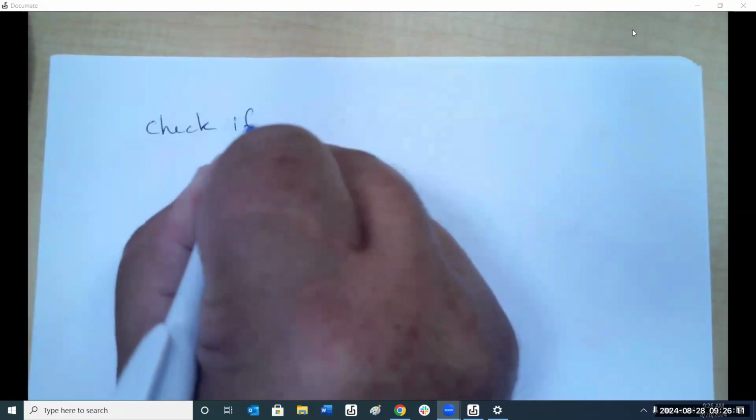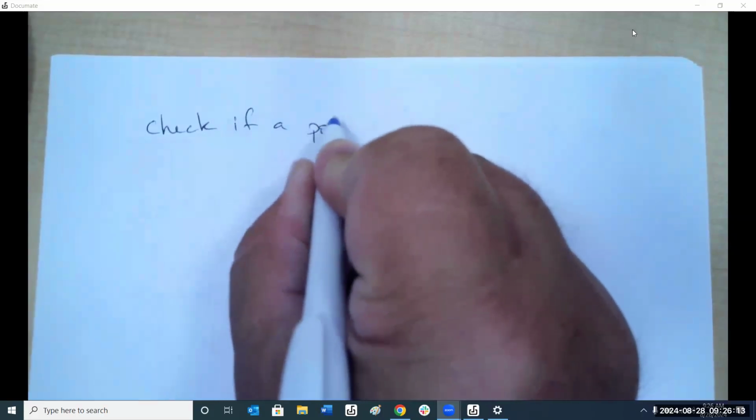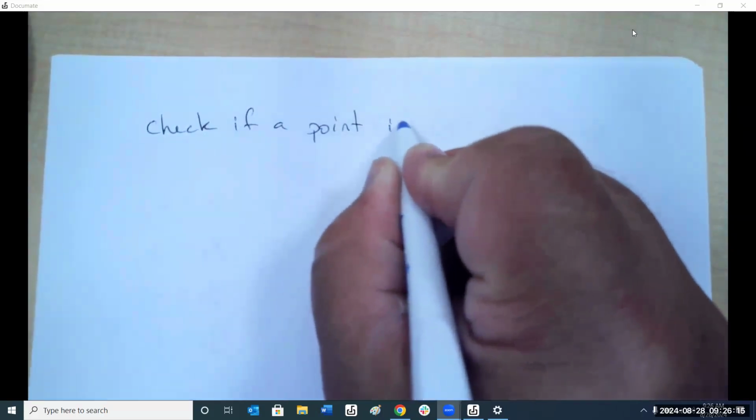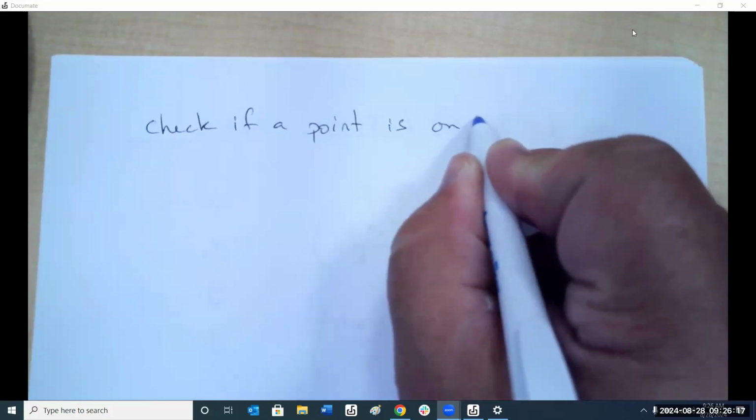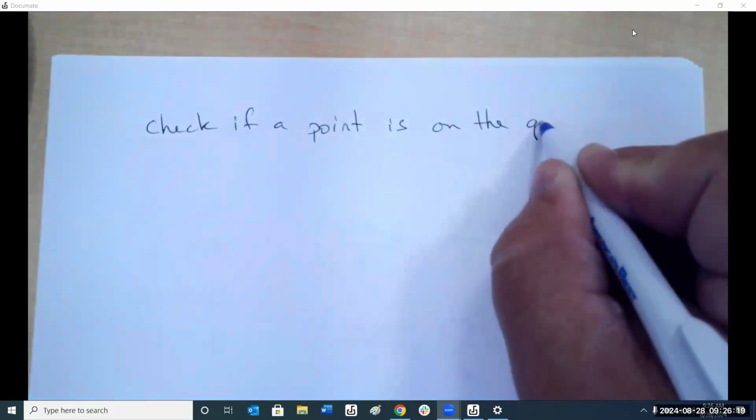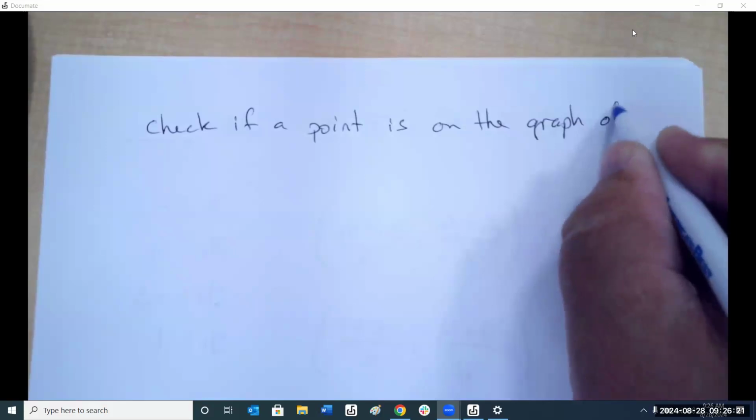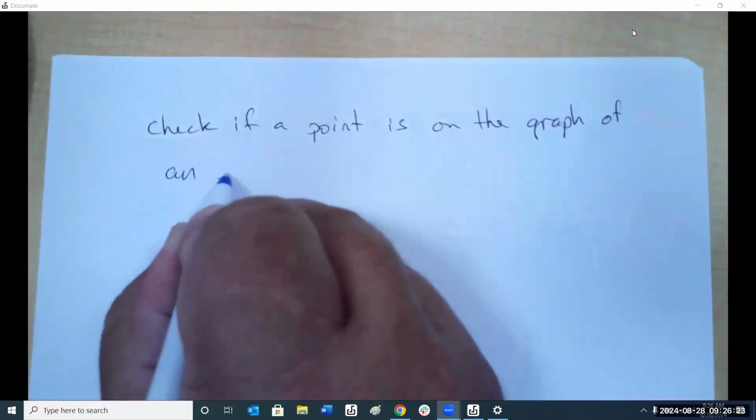All right. We talked about points. Another way we can do points is to check if a point is on the graph of an equation.